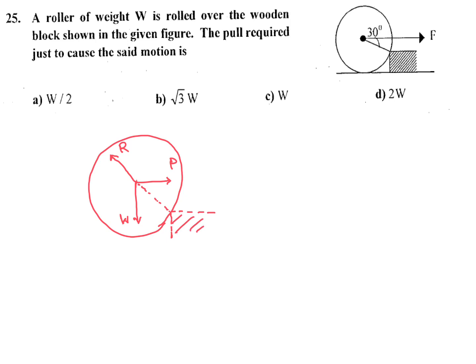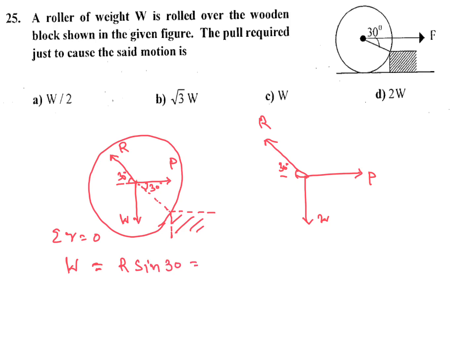Finally this angle is 30 degrees, so it's also 30 degrees. P, R, W, the angle is 30 degrees. So, summation of vertical forces: W equals R sin 30, which is R by 2.